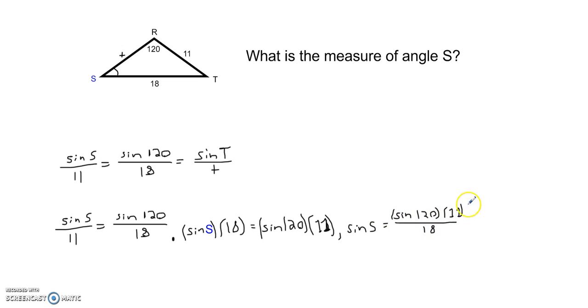Now, all of these are real values that we can use. There's no unknowns here, so we can just put in the numbers and find this value. If you do that correctly on your calculator, you get a value close to 0.529.